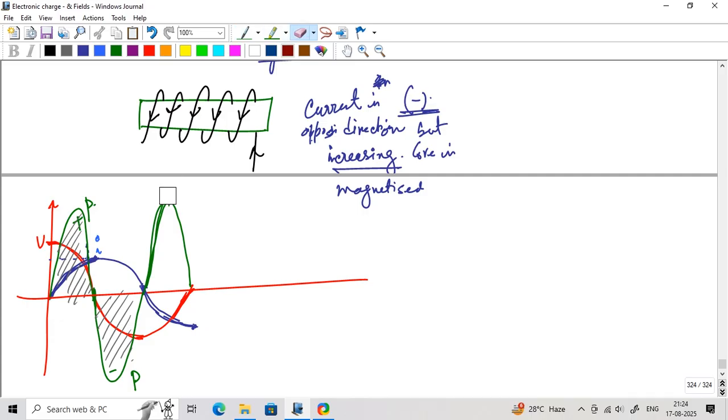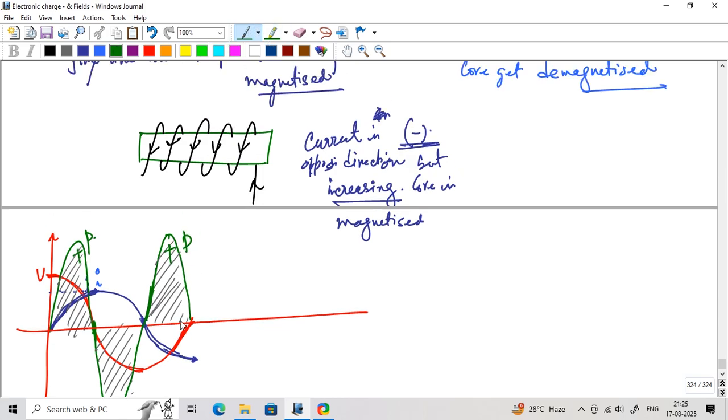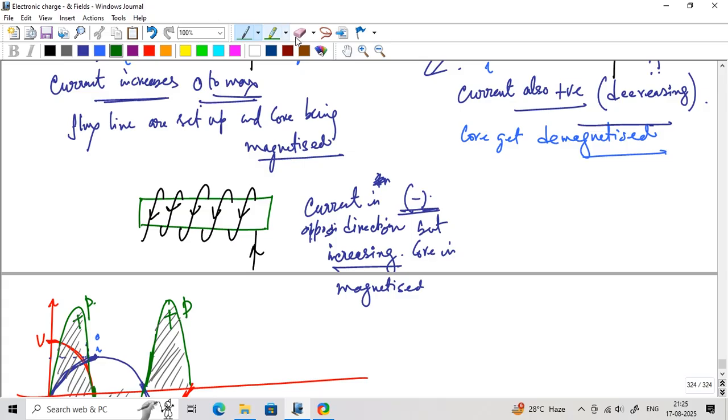Power positive means the core is magnetized. Now here the flux looks like this. There's a south pole, there's a north pole, and there's a field line here.